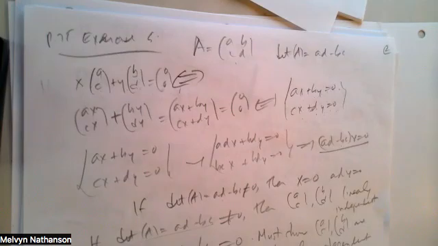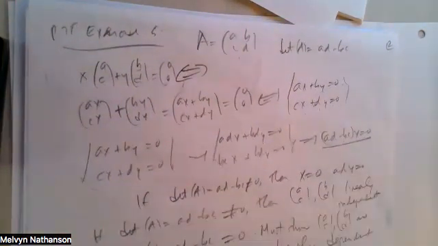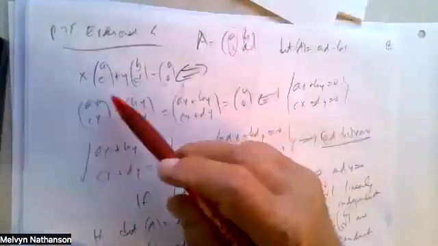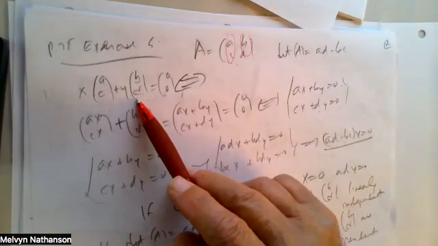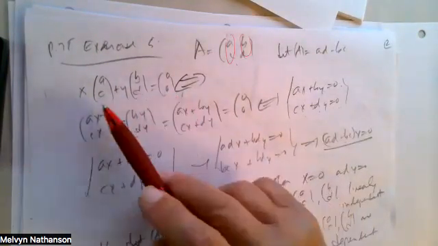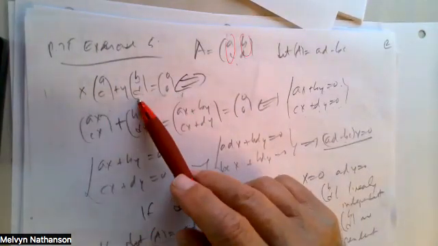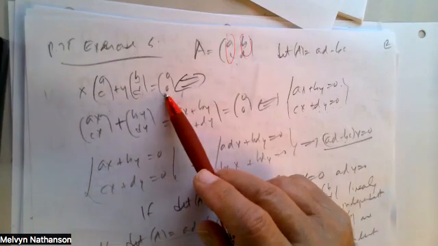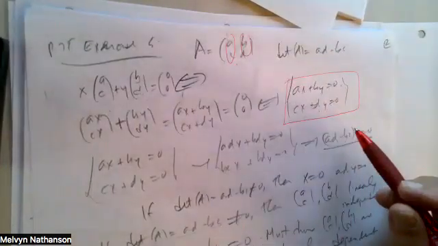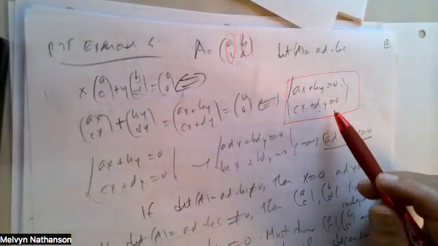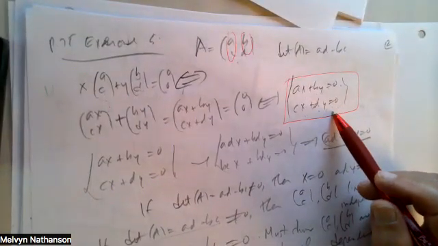And these are the column vectors, AC and BD. So a linear combination of them equals the 0 vector, X times the first column plus Y times the second column is the 0 vector, if and only if X and Y are a solution of these two equations and two unknowns.